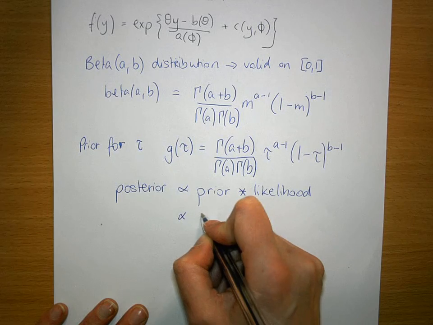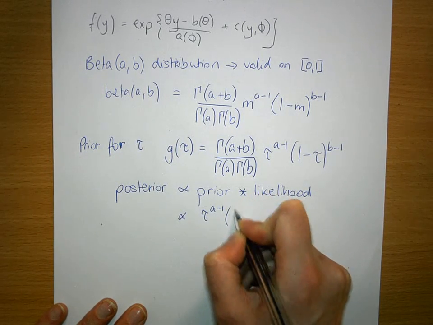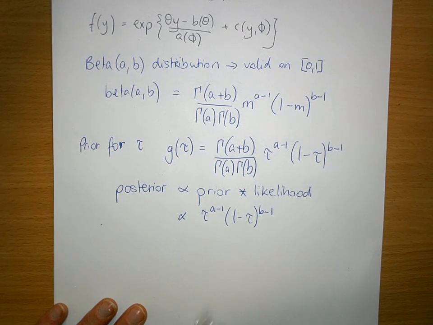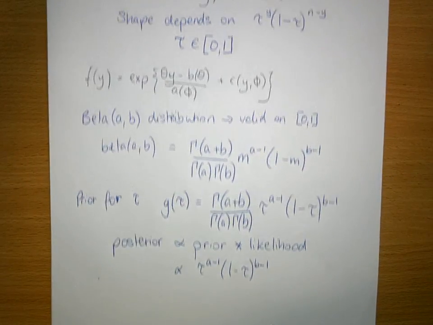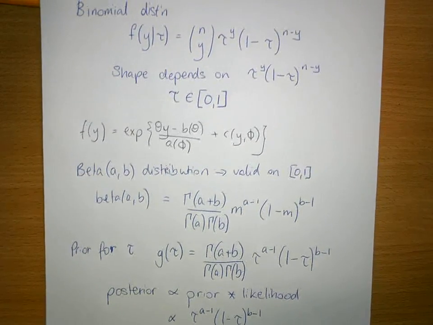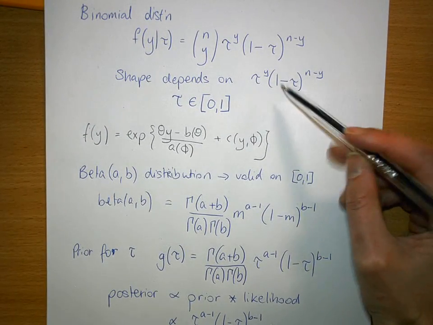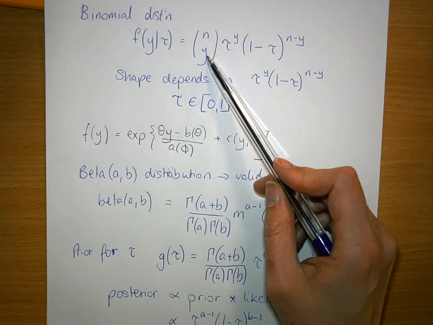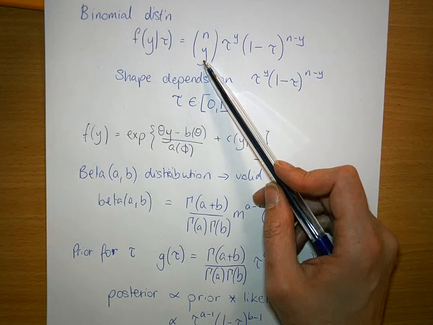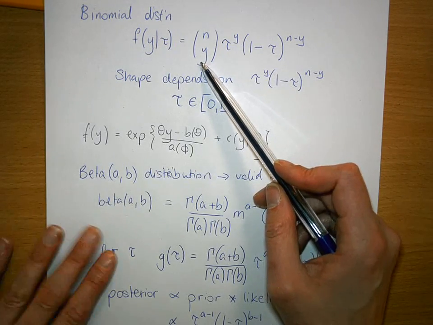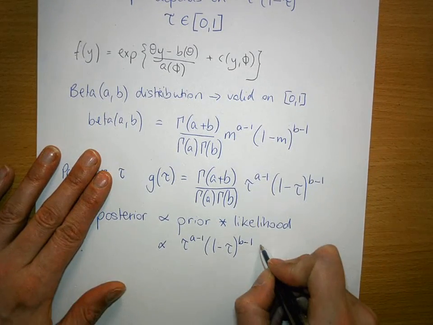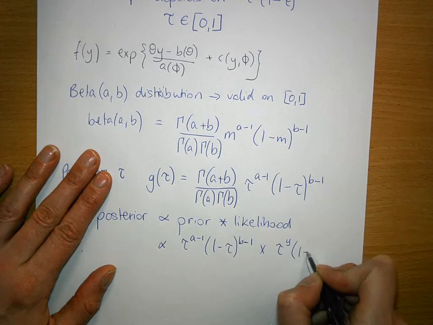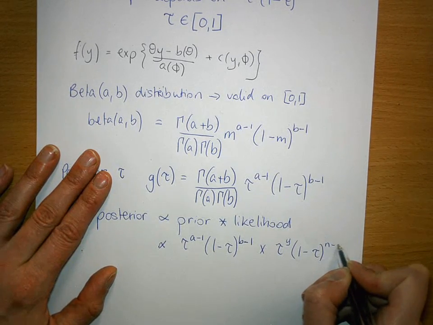So it's proportional to tau to the a minus 1, 1 minus tau to the b minus 1. And we've observed data, our likelihood is of this form here, with n choose y being constant with respect to tau, so we can ignore that bit. So multiplied by tau to the y, 1 minus tau to the n minus y.